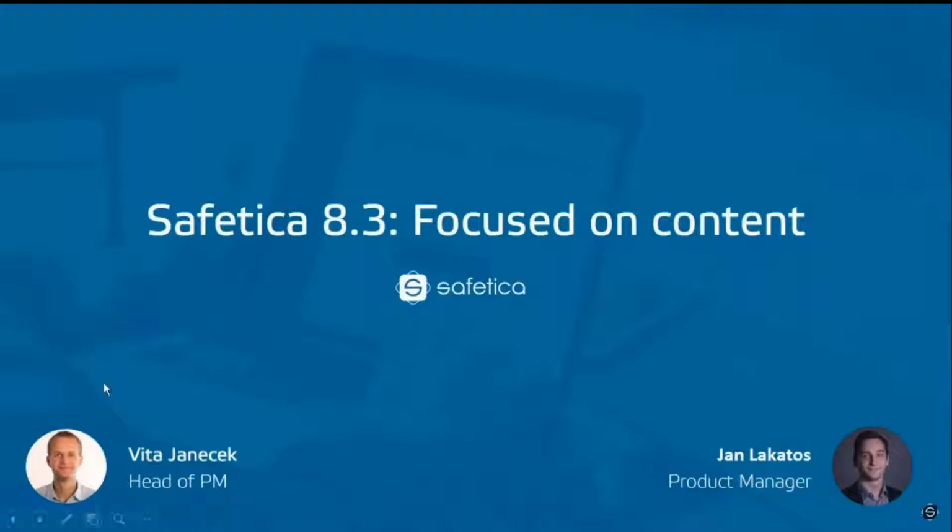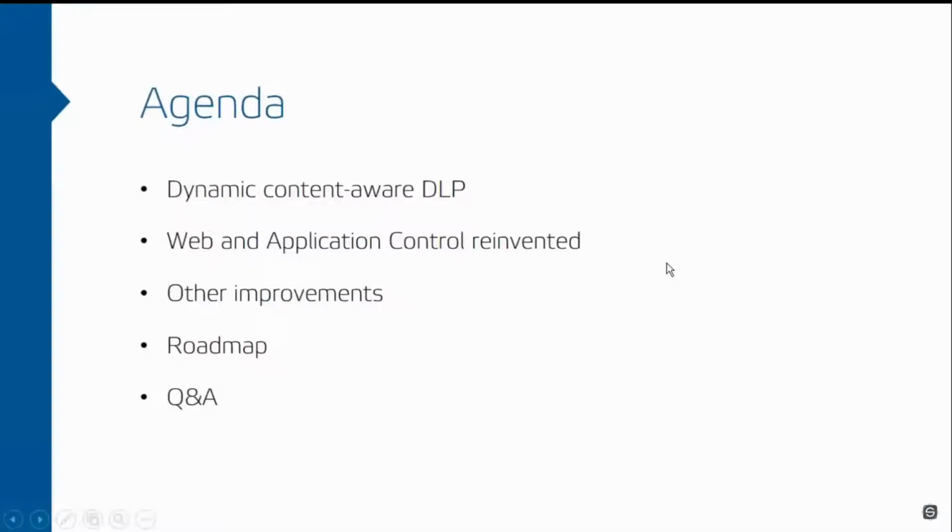Okay, thank you, Jan. So before we start with today's presentation, let's get a little understanding of what we'll be talking about and some rules about today's webinar. As you can see, we have a couple of topics for today's webinar. We will be talking about new content capabilities, improved web and application control, and a couple of other improvements.